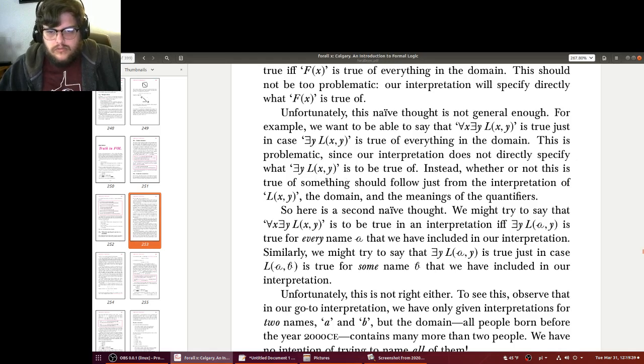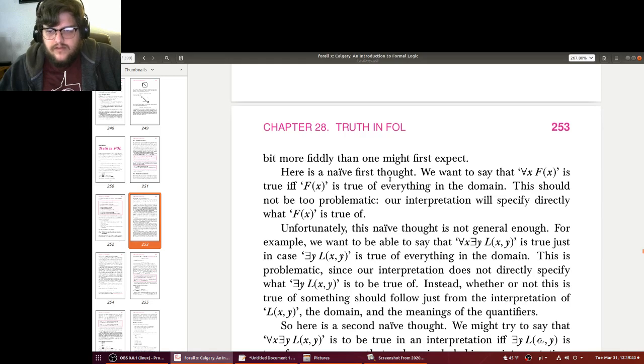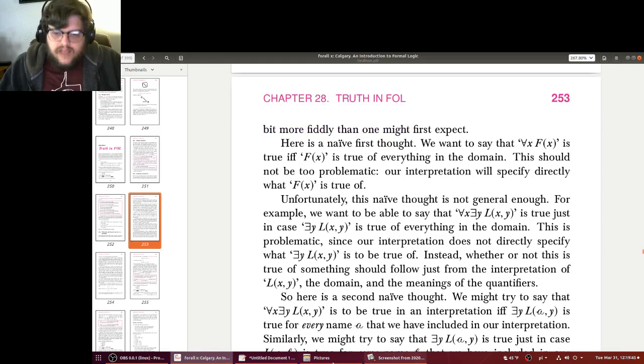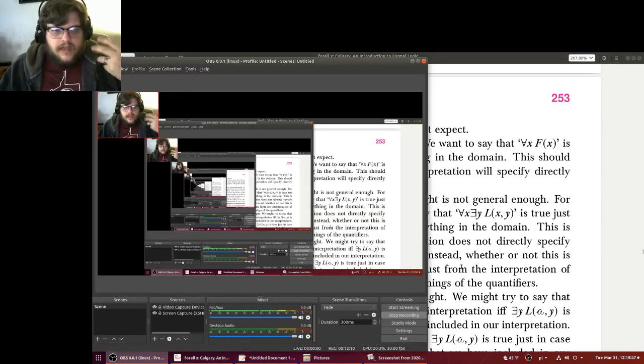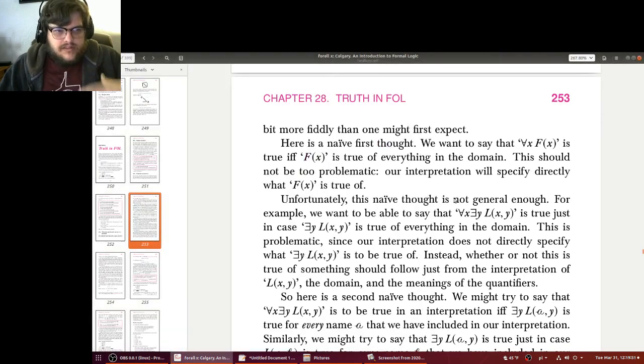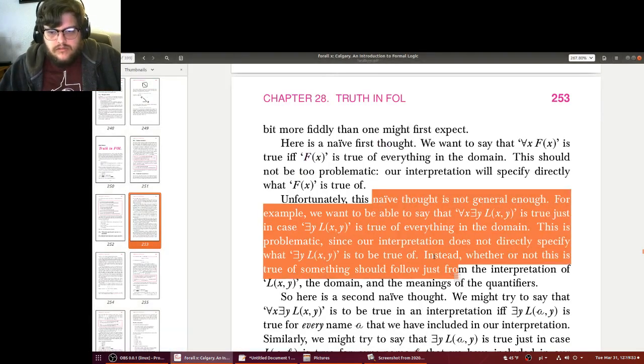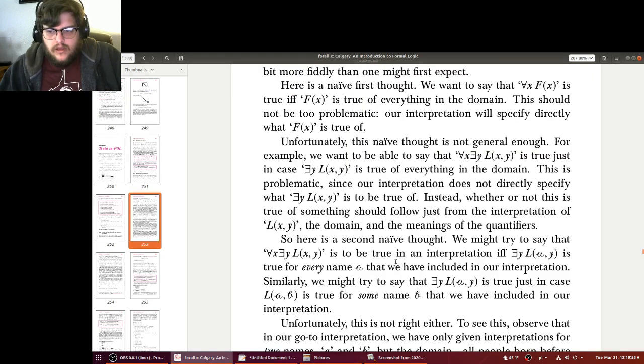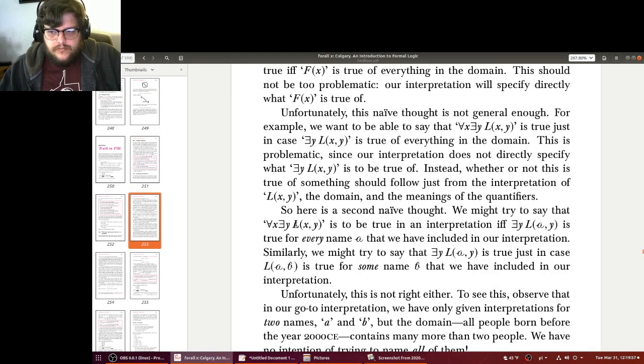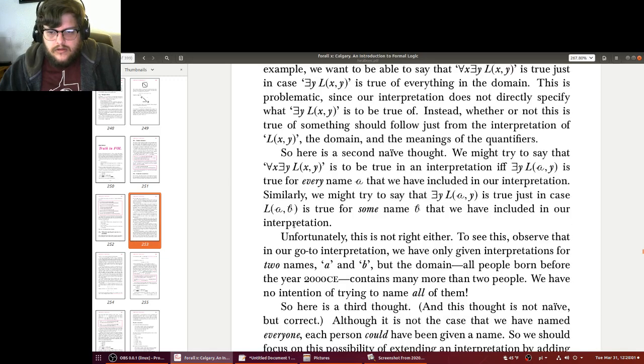And so it's kind of saying that this naive idea is not working, basically because having an interpretation isn't conducive easily to computing this in some sense.